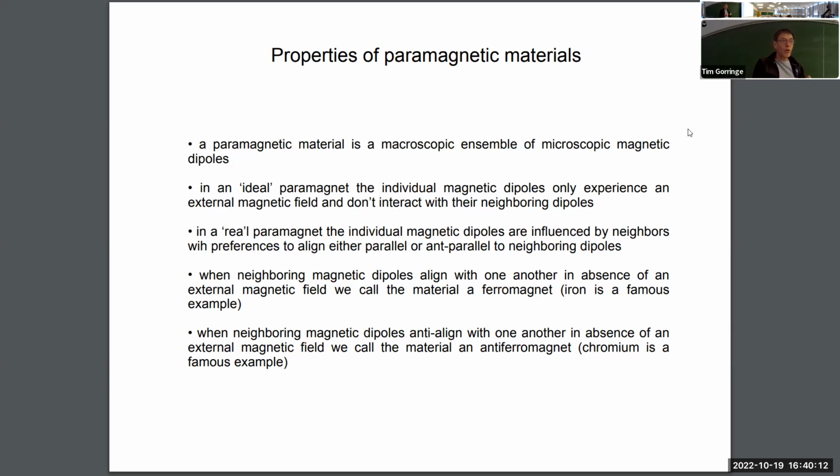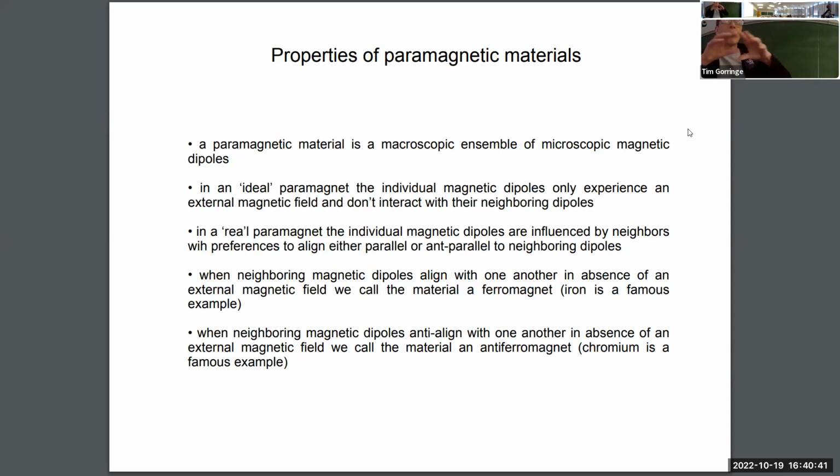So if you were to look at a region of neighboring atomic magnetic dipoles in an antiferromagnet, you'd see one up, one down, one up, one down, and so on. That's what we call an antiferromagnet. A famous example of that is chromium. Antiferromagnetic materials are less common than ferromagnetic materials.